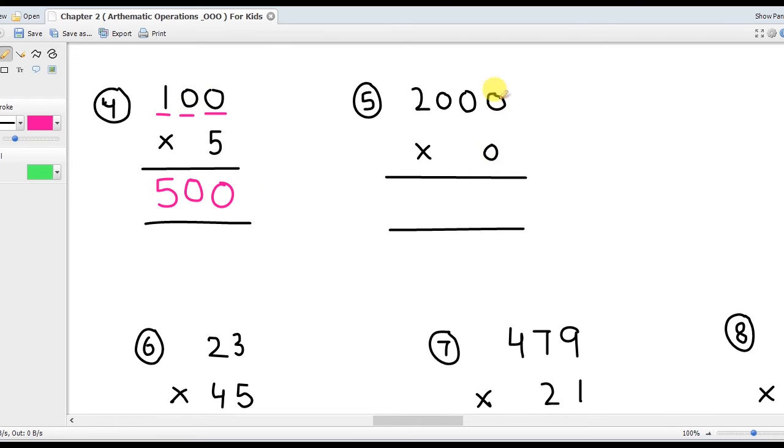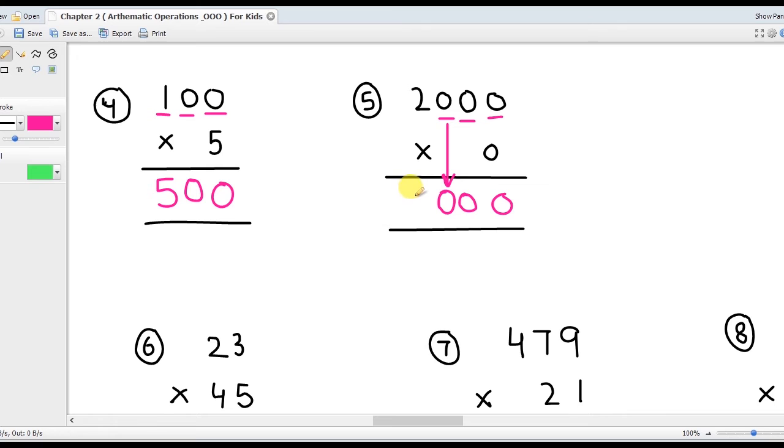Next, this is easy. Let's solve it quickly. So 0 times 0 is 0. 0 times 0 is 0. Then this 0 times 0 is 0. And also pay attention, I'm going to write these answers just below these place values, okay? Keep this in your mind.